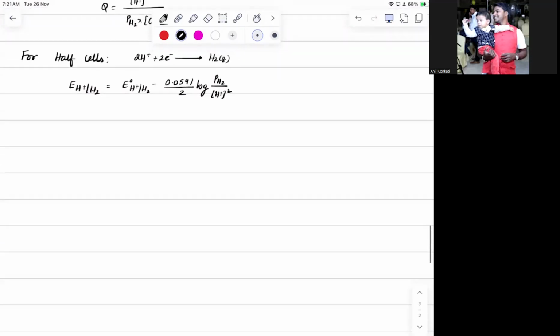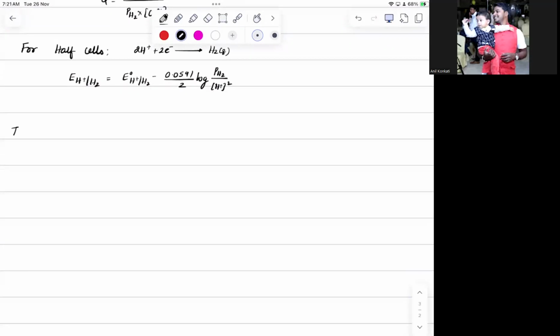Next thing we need to understand is the thermodynamic relation with Nernst equation.